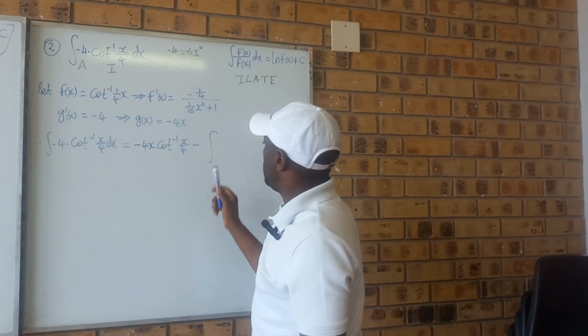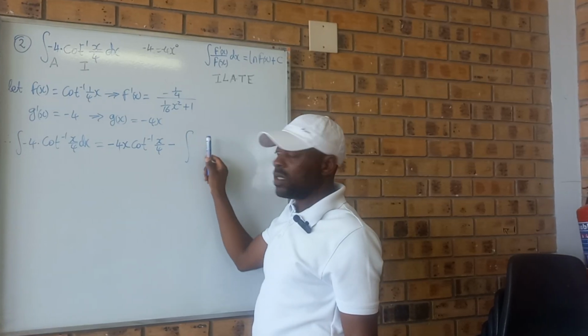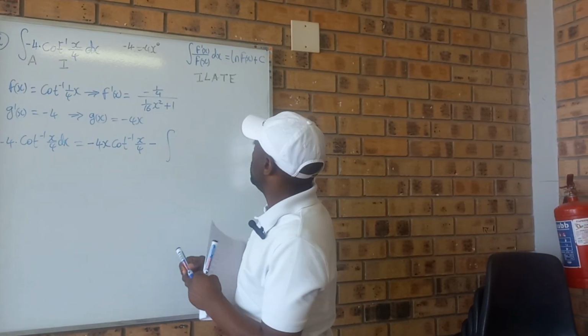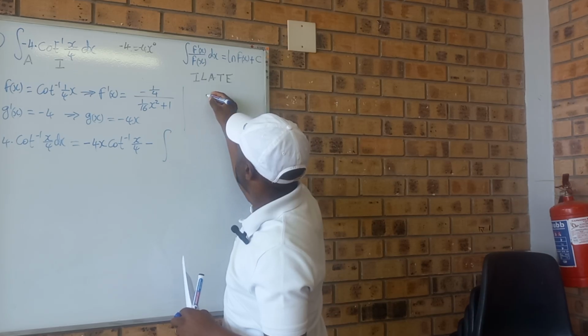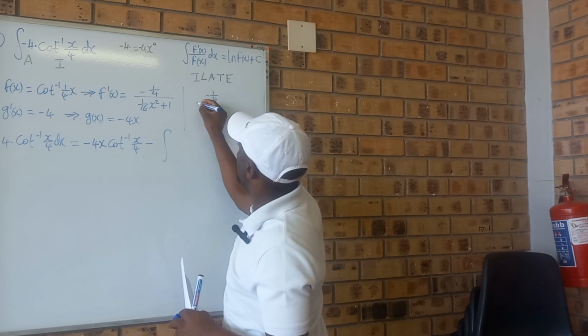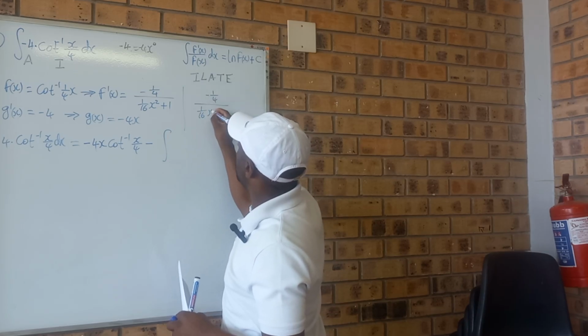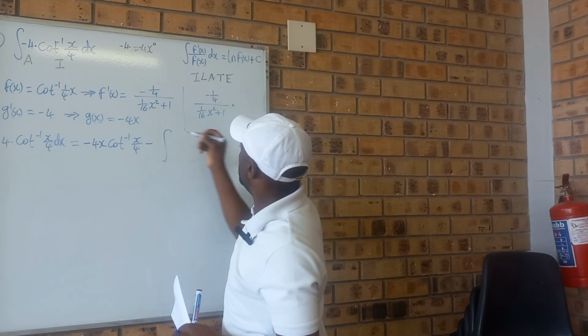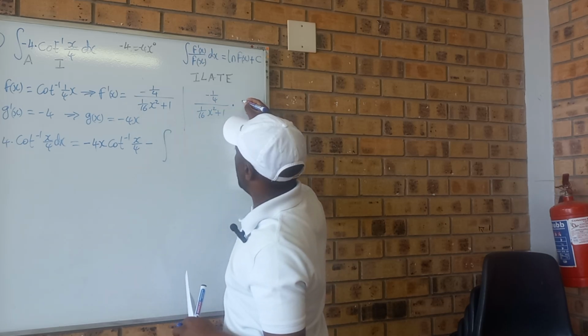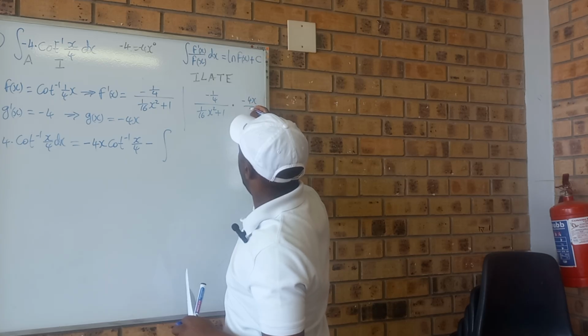I always keep saying when I'm writing an integral, I practice putting the constant outside. So our f prime is negative 1 over 4 divided by 1 over 16 x squared plus 1. Our g, since this is a fraction, I'll try to write g as a fraction. I'll write negative 4x on 1.